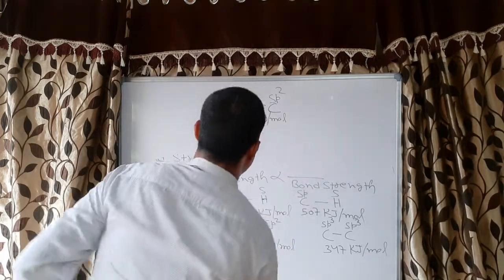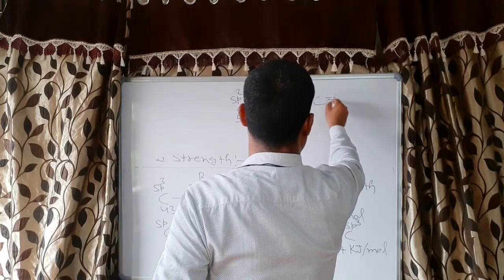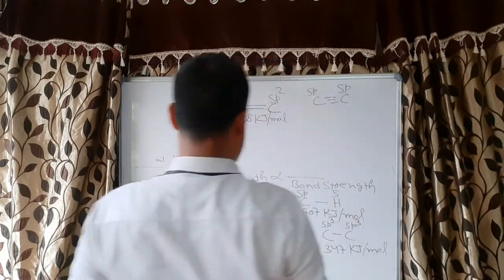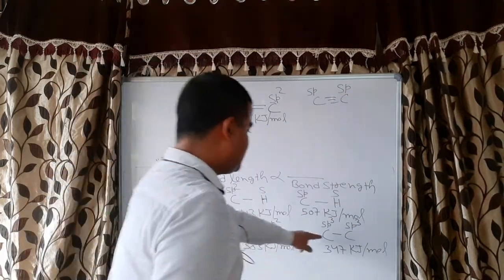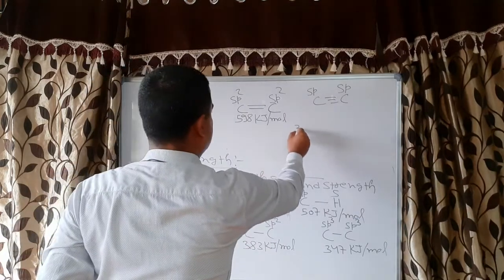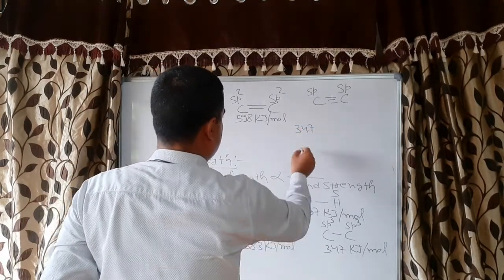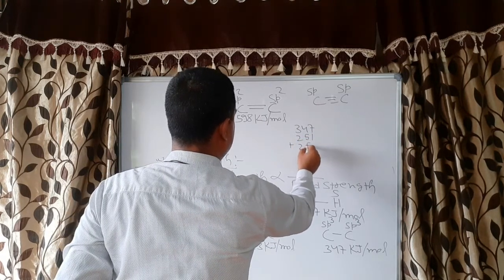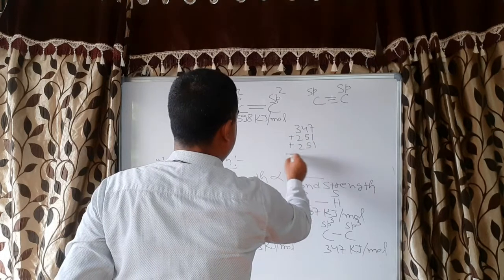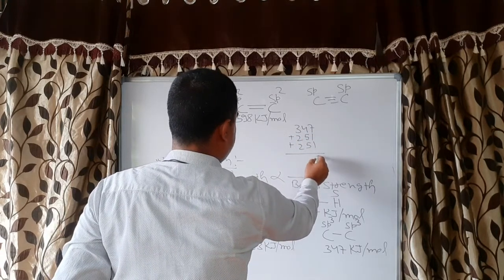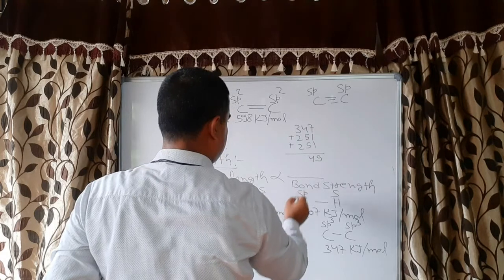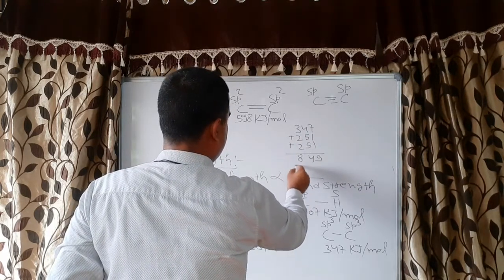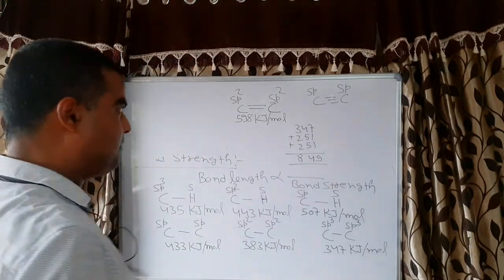Now come to the CC triple bond. This is sp, this is sp, correct? Now the CC sigma bond energy is 347 and there are 2 pi bonds, so it will be 251 plus 251, giving 849 kilojoule per mole.